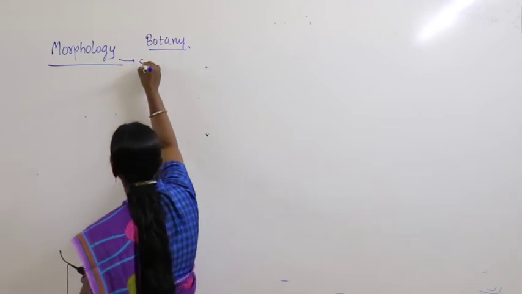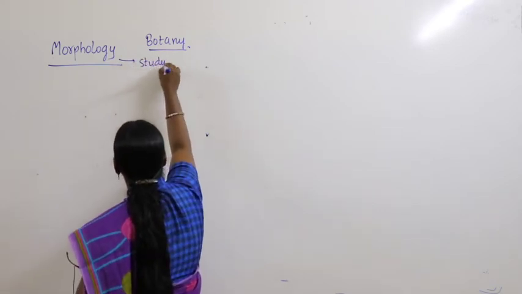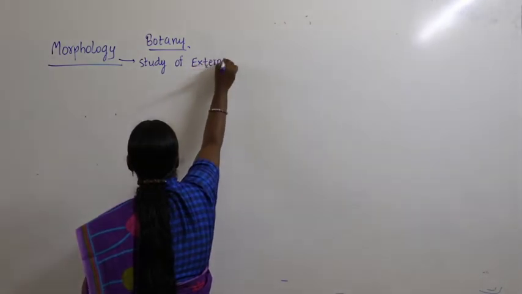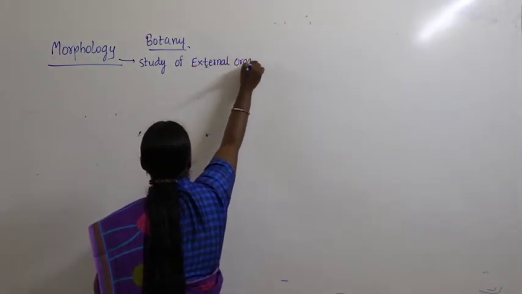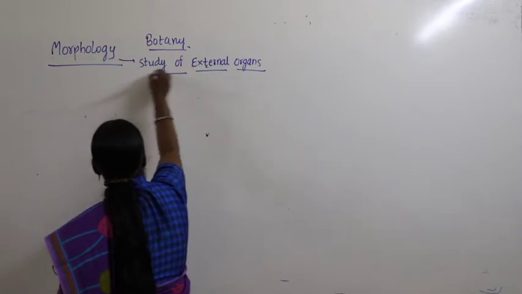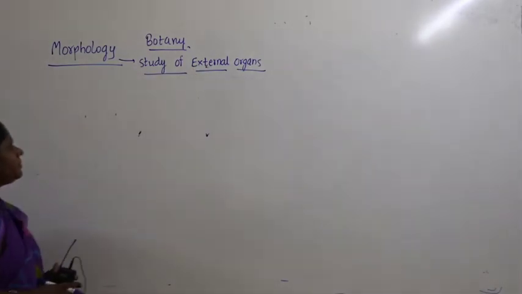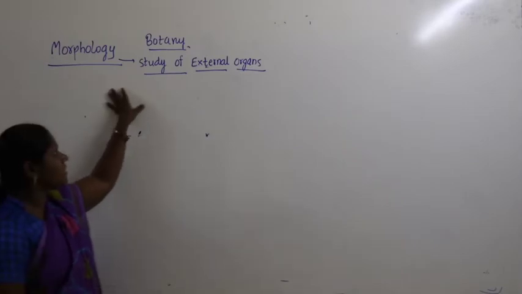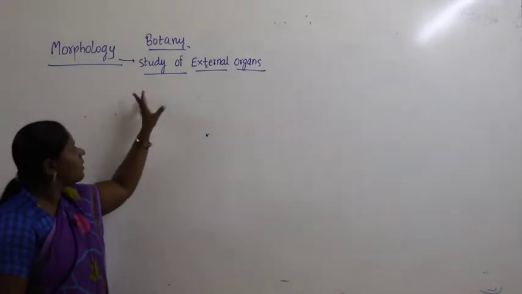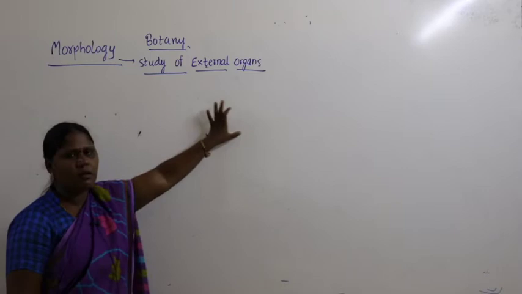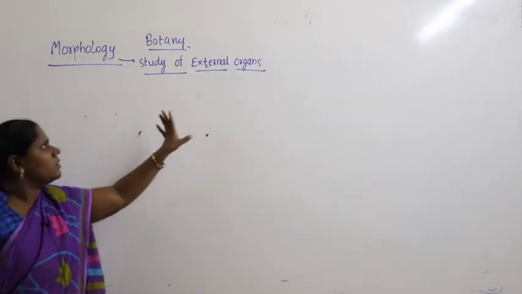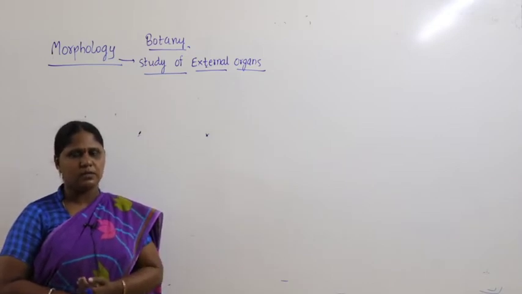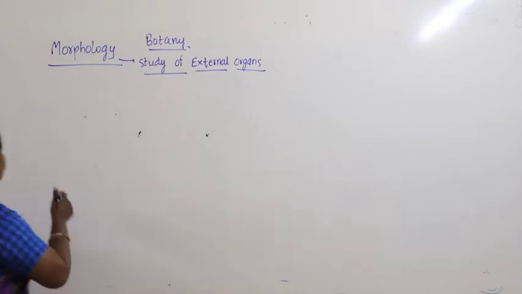Morphology is a branch of science which deals with the study of external organs. So for the last class we studied external organs of the plant are nothing but what?